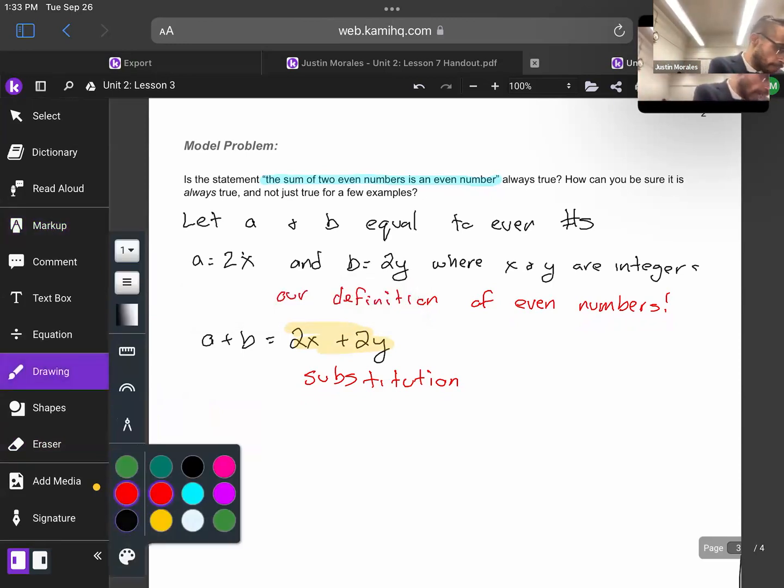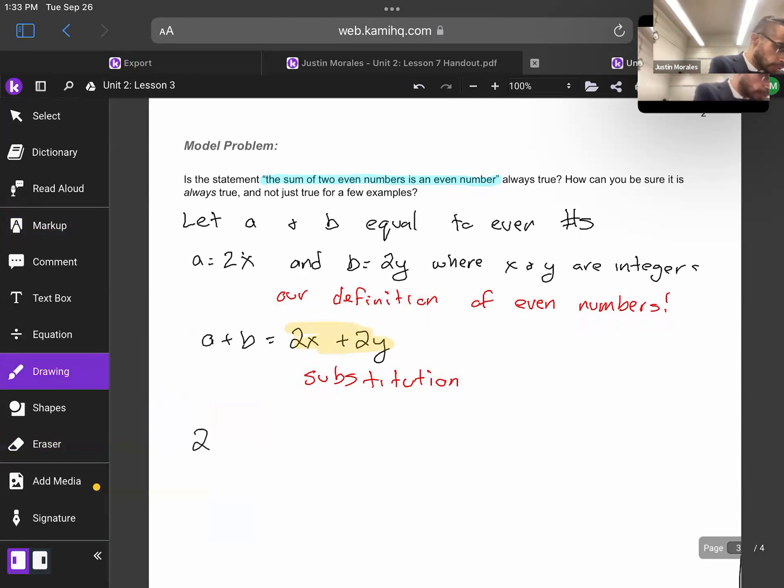So right now we're at 2X plus 2Y, and what I'm going to do is factor out a 2. So if you notice, we're starting to see that 2 times a value.